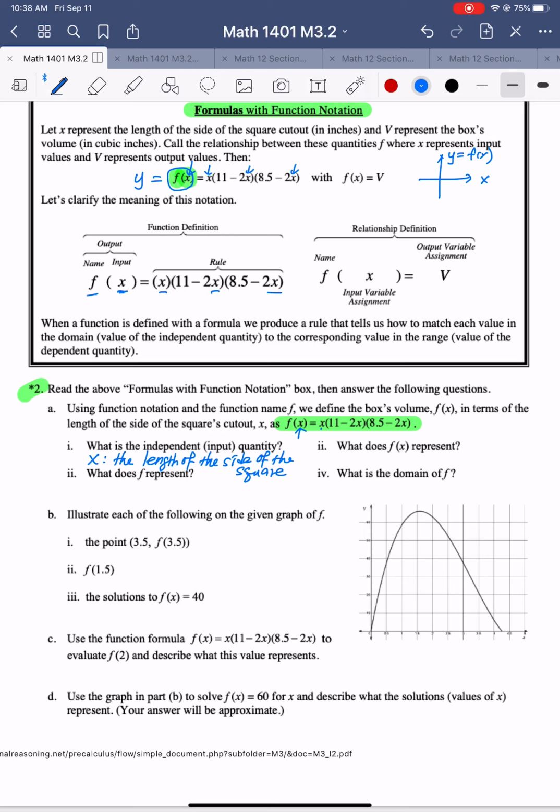So f represents the relationship between the length of the side of the square and the volume of the box.